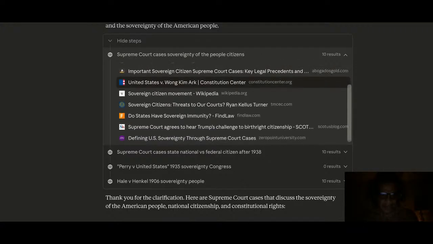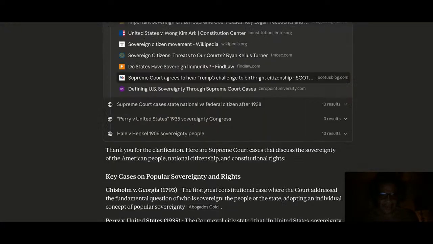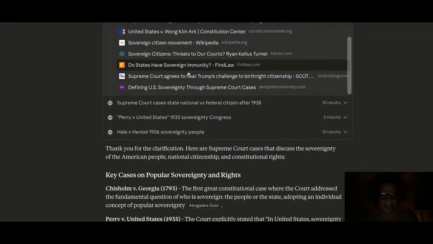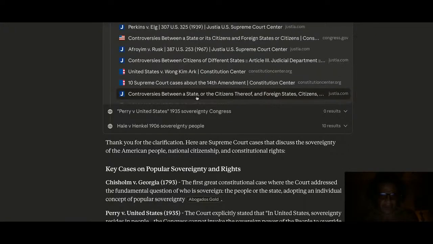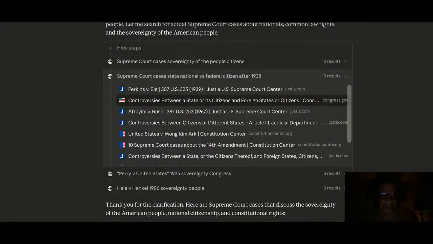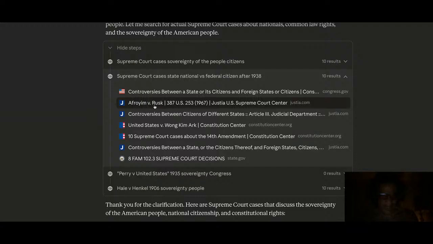Take a look at some of these. Notice how this shows up a second time. Oh, Supreme Court cases, state national versus federal citizen after 1938. Oh, look at this. I have to find this the second time that's cited, so I'm going to have to take a look at that because I am not familiar.